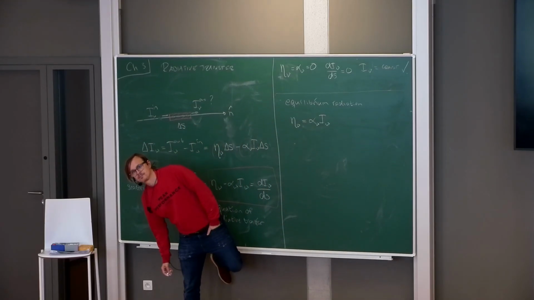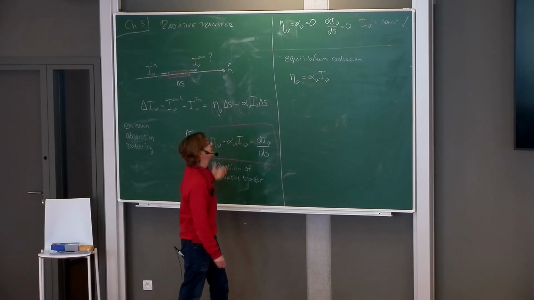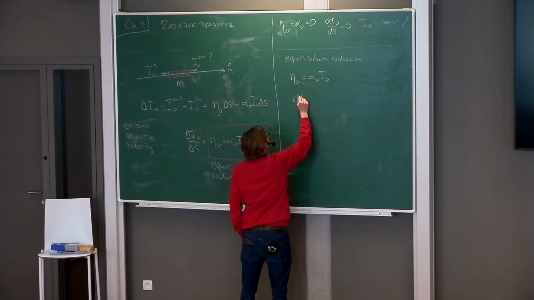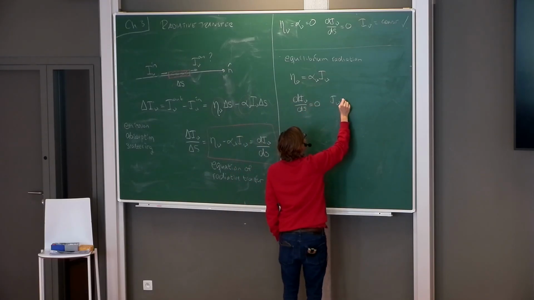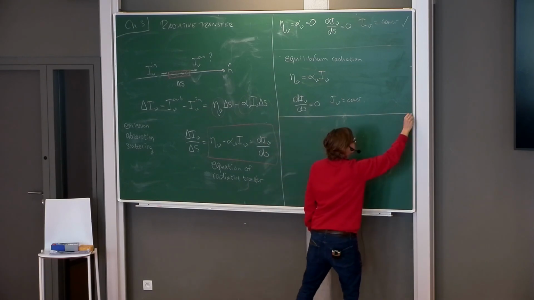Okay? That's Kirchhoff's law. Now you just plug this in here, and you see again that in such a situation, again, dI nu/ds equals 0, or I nu is constant.